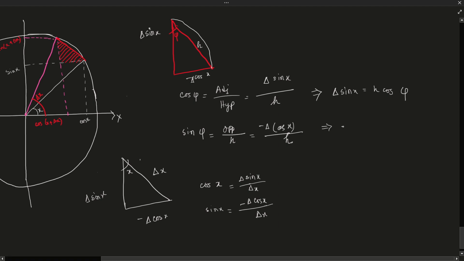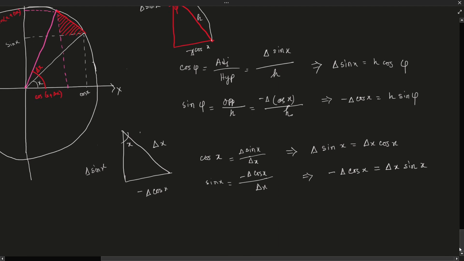So it will be del sin x equal to del x cos x, and minus del cos x equal to del x sin x.